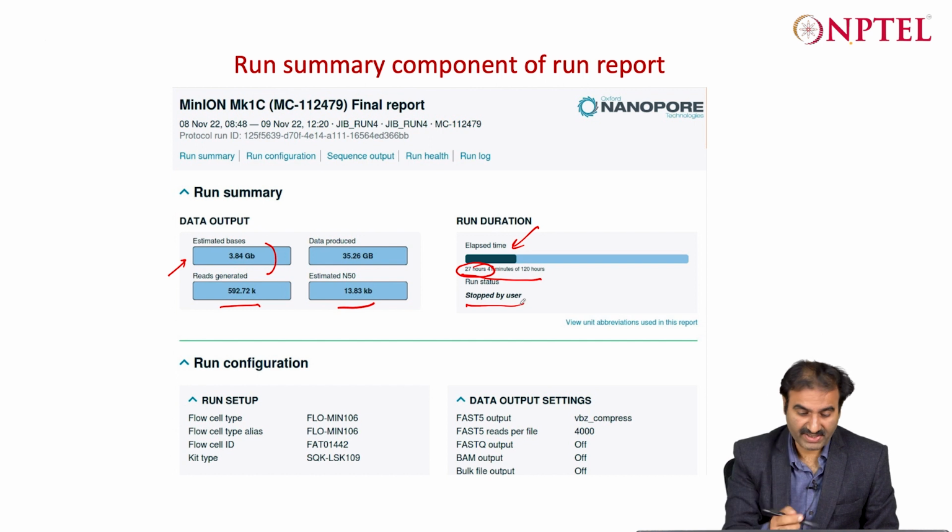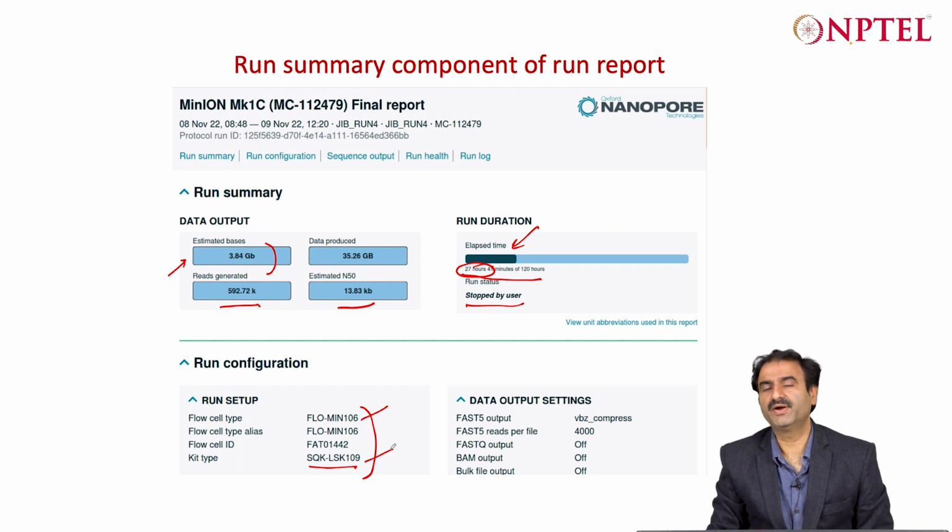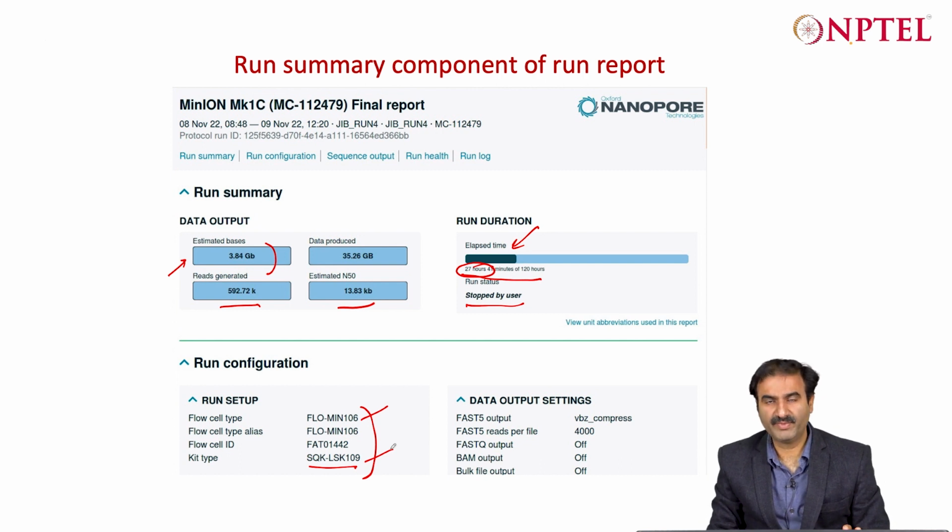It also tells what kind of flow cell was used, the flow cell ID, and the kit that was used to do the library preparation. The compatibility between the flow cell and the kit is very important, and you should always check before buying what kit and what flow cell will go hand in hand. For the purchase, you can order a starter pack which may include a single or two flow cells, or up to 6 flow cells and 6 reactions, 1 flow cell each, and some washing consumables which they provide in a pack.